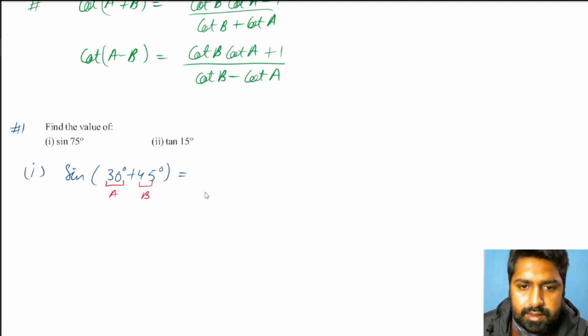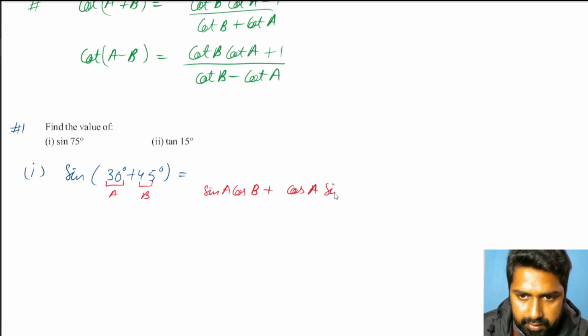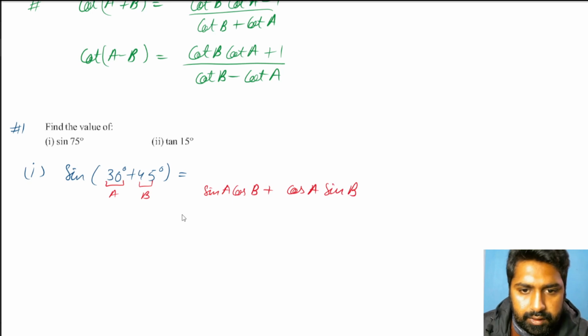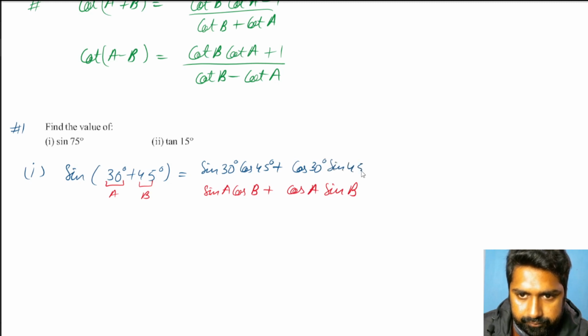Now the formula is sin A cos B plus cos A sin B. Put the values. So sin 30 cos 45 plus cos 30 sin 45, and solve it.